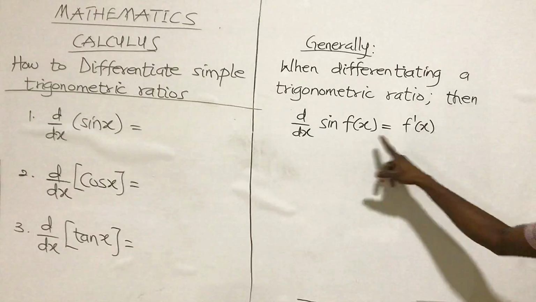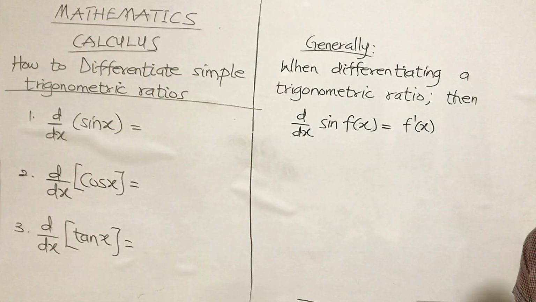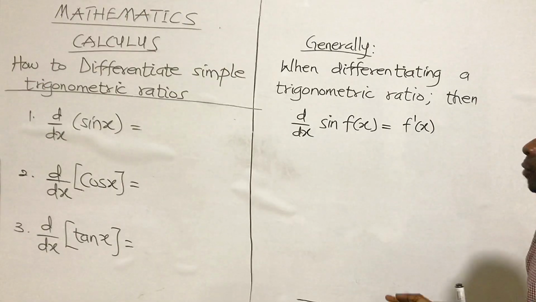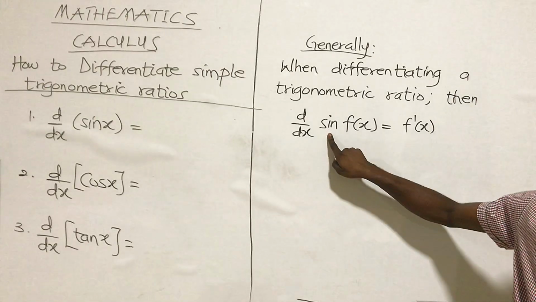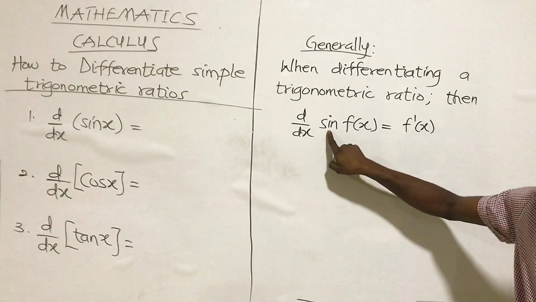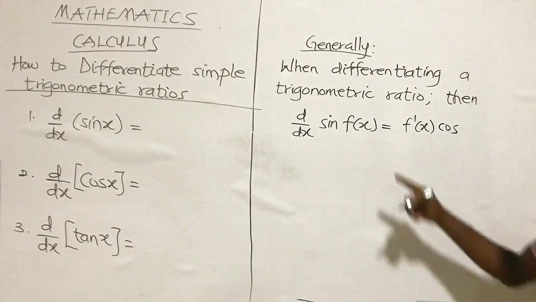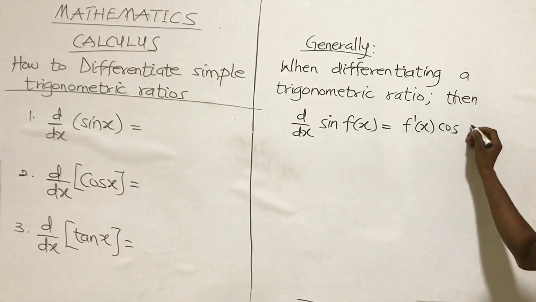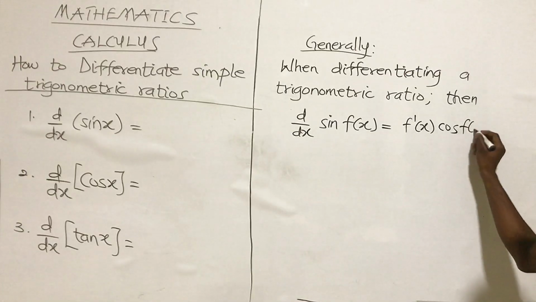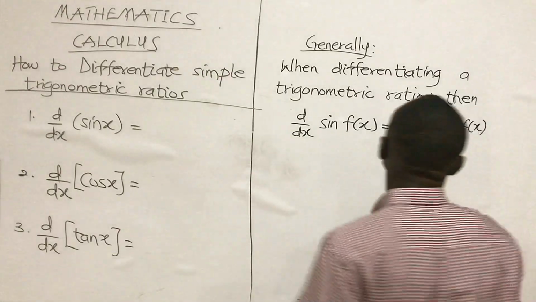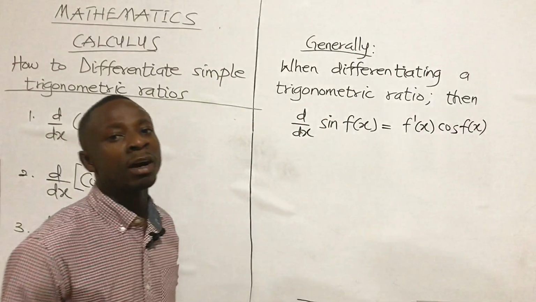So f prime of x times 1, we still have f prime of x. Then it is going to multiply the differential of the sine. And when you differentiate sine, we get cos, then cos of the main function given. So cos of f of x. This is the general form.